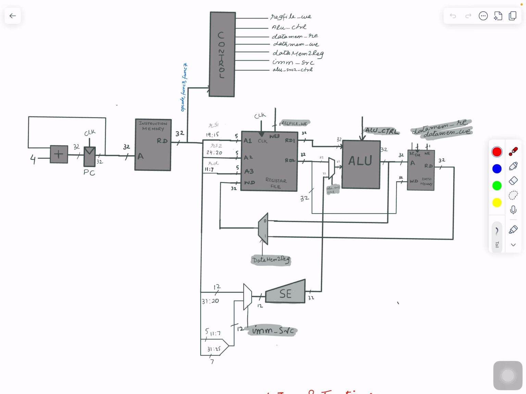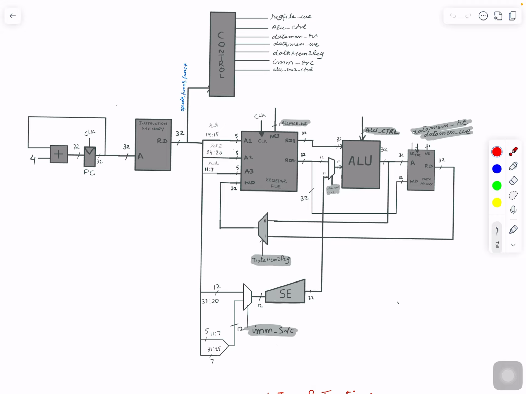I turned them into black and gray so that any new wiring that I do is in red. I should have put this in black as well. But what you will find is that this is the microarchitecture that we have created so far.